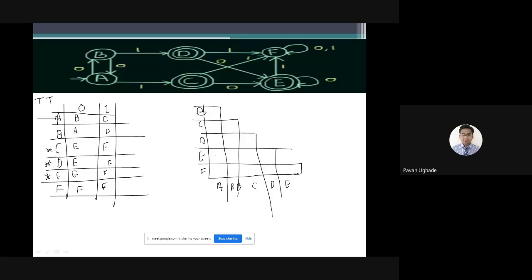Now this was the table. I hope you have understood how I have drawn the table. Mark the final states.